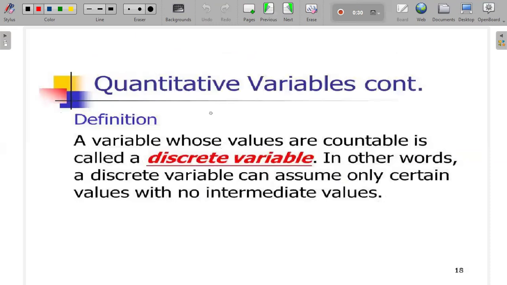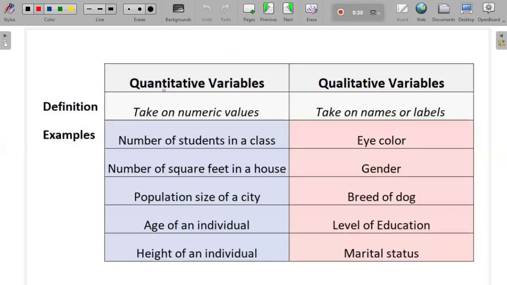On the quantitative variables, we have these examples here. By definition, they take on numeric values. The number of students in a class, that's quantitative. It can be the number of square feet in a house, the population of a city, the age of an individual, the height. All these are quantitative variables.